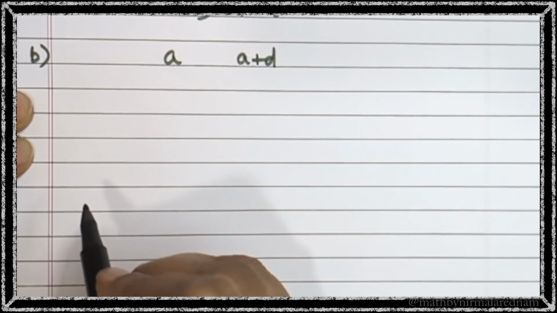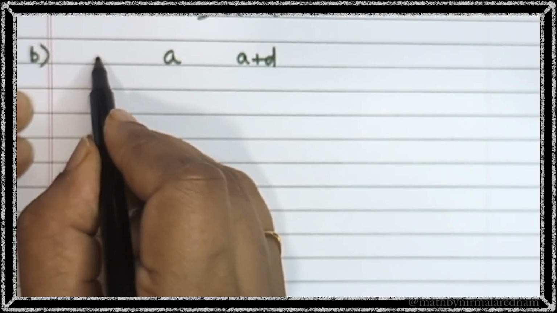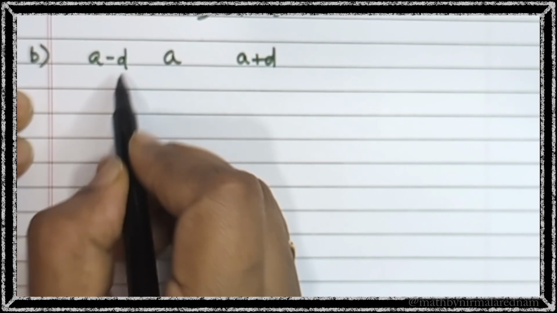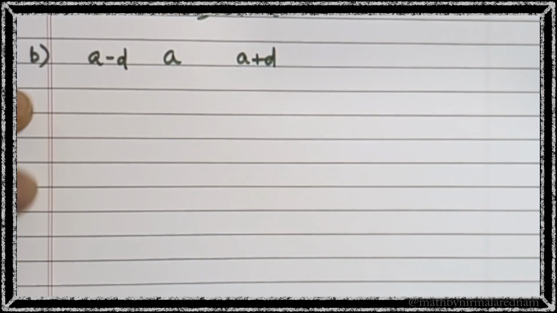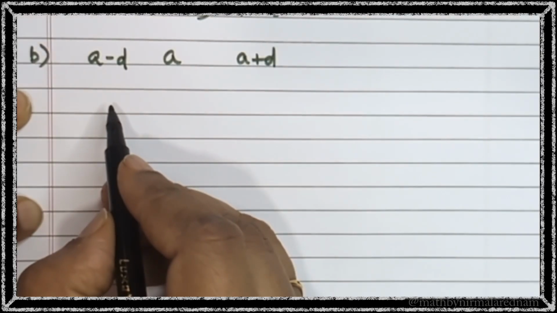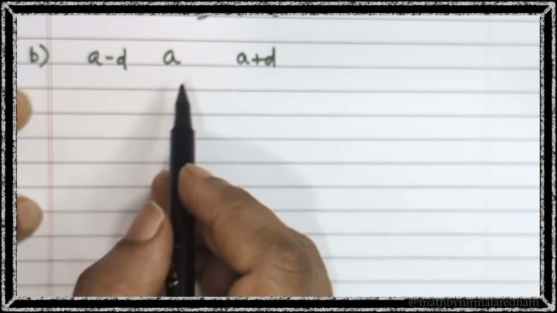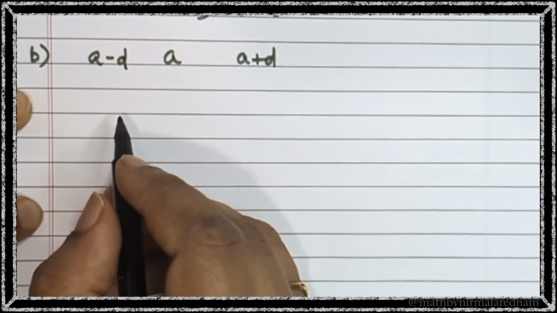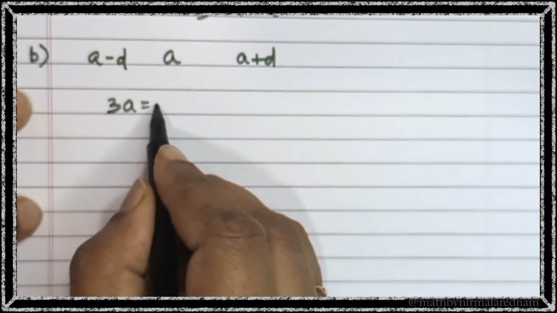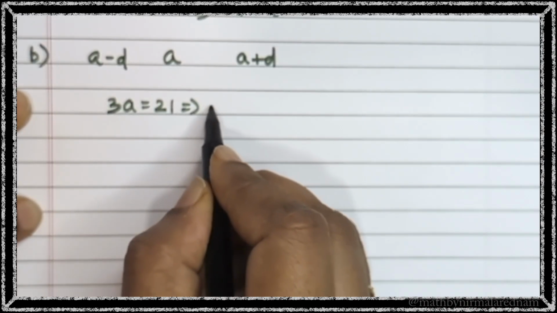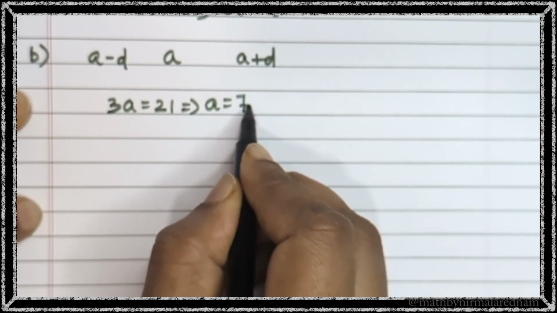Why do we do this? So that the simplification becomes more elegant. Now the sum is given as 21. You can see that d gets cancelled when you add these 3, and the sum becomes 3a. 3a equal to 21 implies a equal to 7.